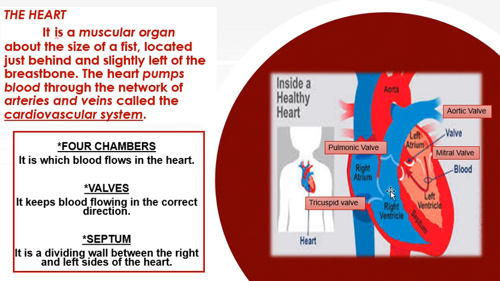Mao na siya ang boundary sa right ventricle ug sa pulmonary artery. And then we have the mitral valve, para dili magmix ang left atrium and the left ventricle. And lastly, we have the aortic valve para dili magmix ang dugo gikan sa left ventricle padulong dito sa aorta, the biggest artery. So that is valves.